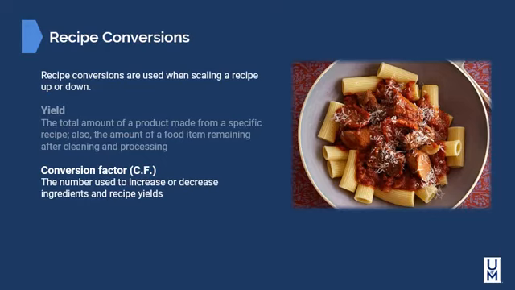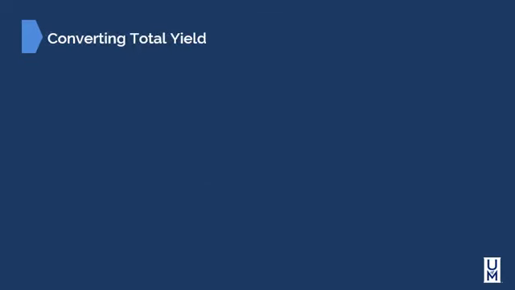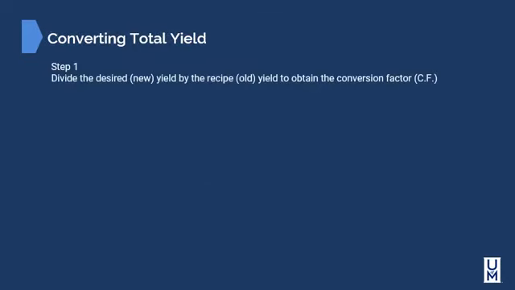Conversion factor is the number used to increase or decrease ingredients and recipe yields. Step 1. Divide the desired or new yield by the recipe or old yield to obtain the conversion factor. Now this may sound complicated, but it is the easiest and simplest of all maths.